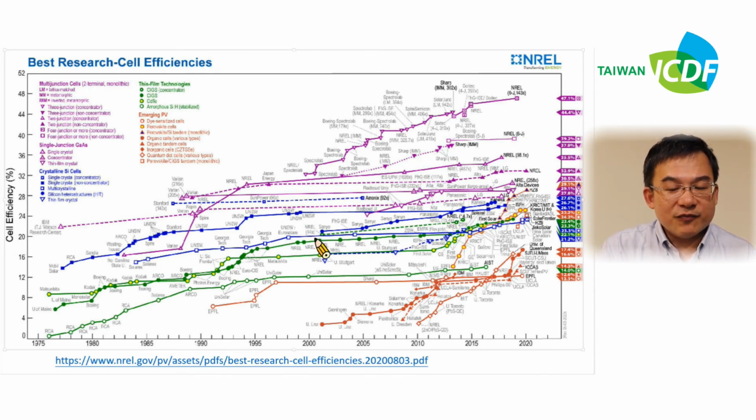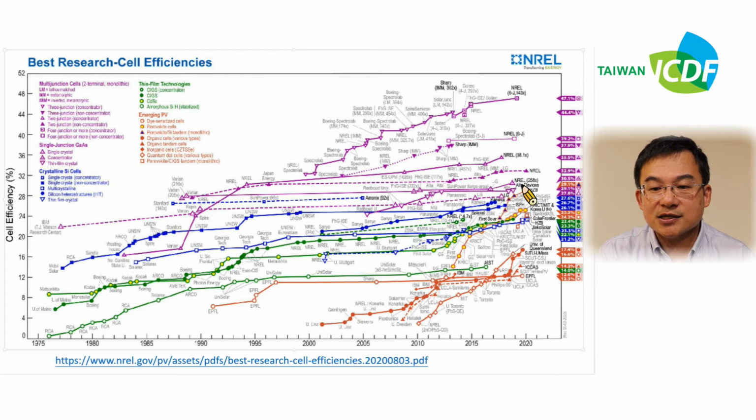If you want to find a better material for the solar cell, like gallium arsenide, the purple triangle is the gallium arsenide. You can see now this solar cell efficiency is close to 30%. It's very good, but this material is very expensive. So this solar cell is just used in space, not on the ground.